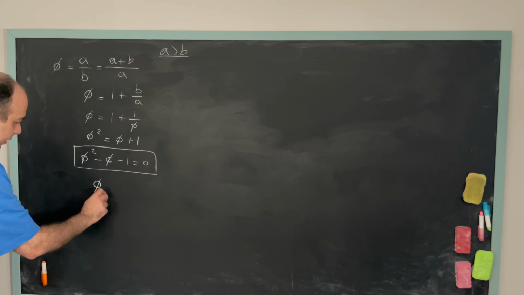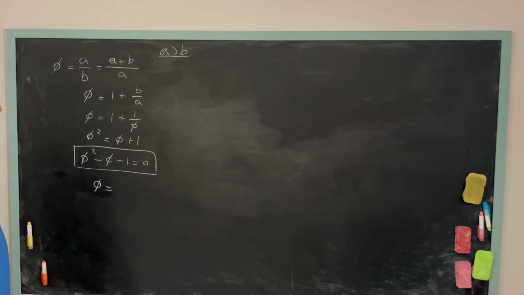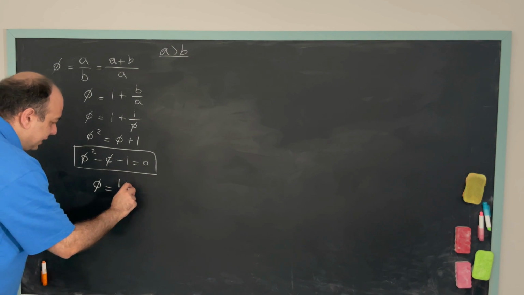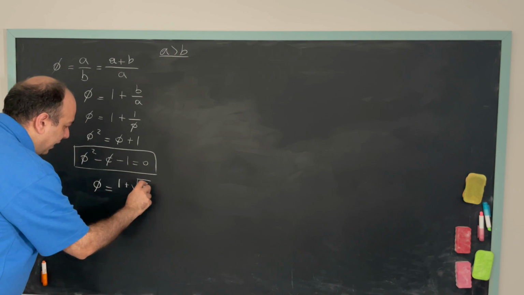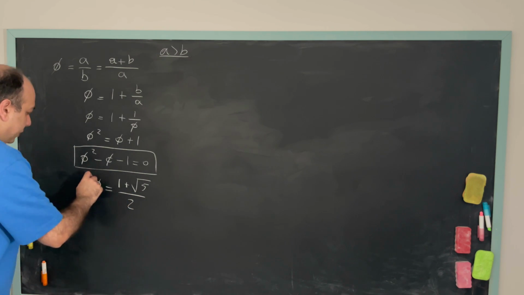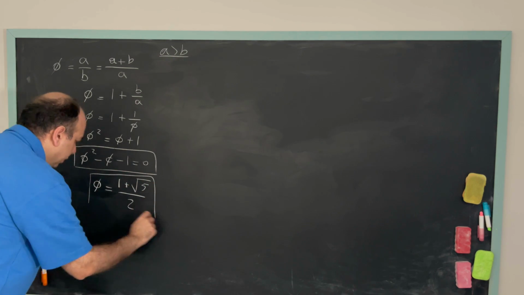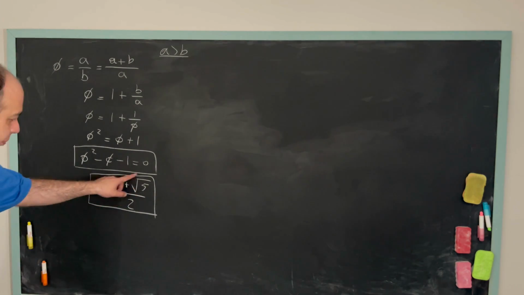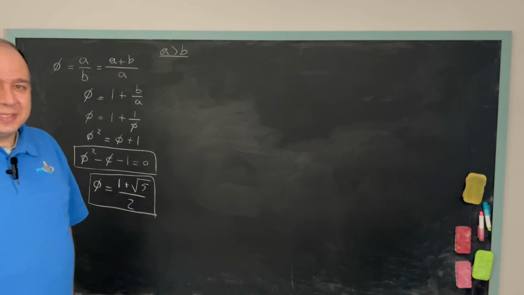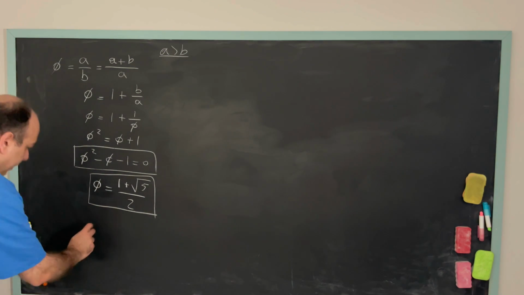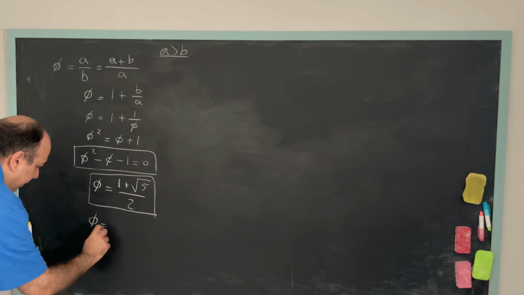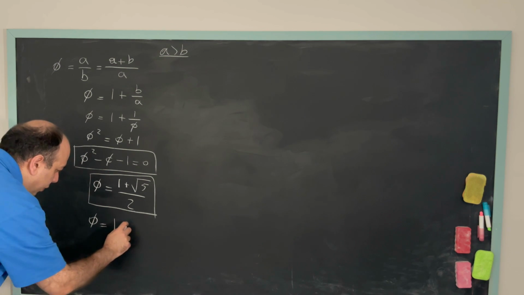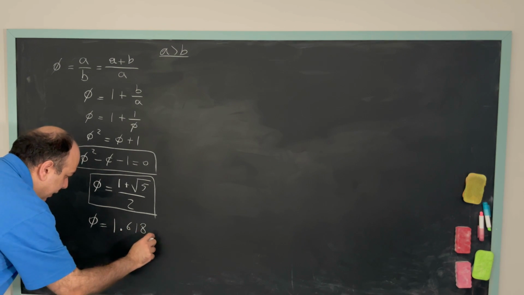So phi, the golden ratio that we are actually looking for, is simply equal to (1 plus square root of 5) divided by 2. So this is called the golden ratio. As you see, due to the presence of the square root of 5, it is an irrational number. If you want to look at the first few digits, it is close to 1.618, and it continues like that.